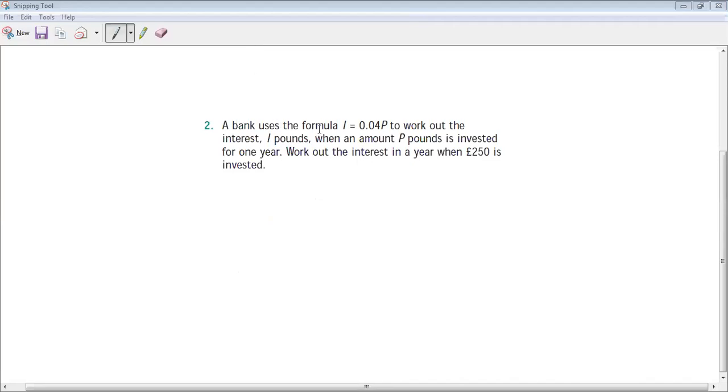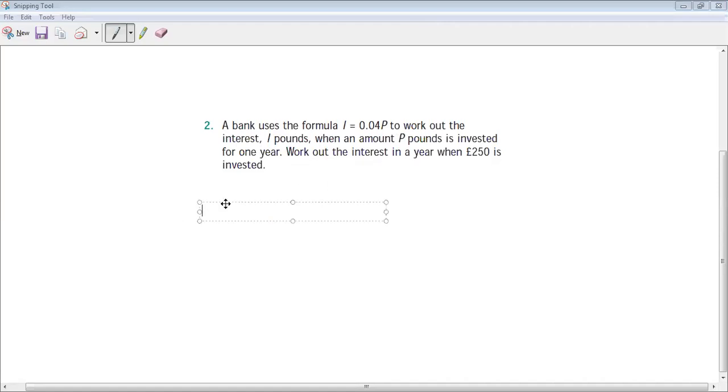It says a bank uses the formula I equals 0.04P to work out the interest. I is in pounds when an amount of pounds, P, is invested for 1 year. So we're trying to find out what I is, using P, which is pounds. Work out the interest in a year when 250 pounds is invested.